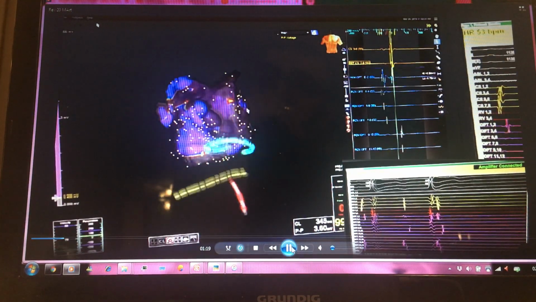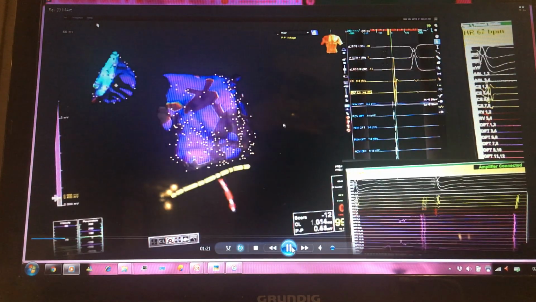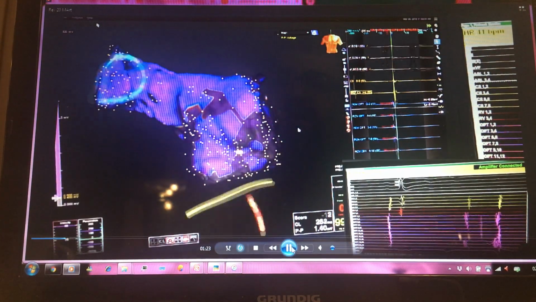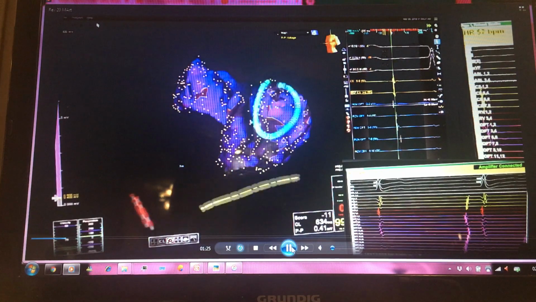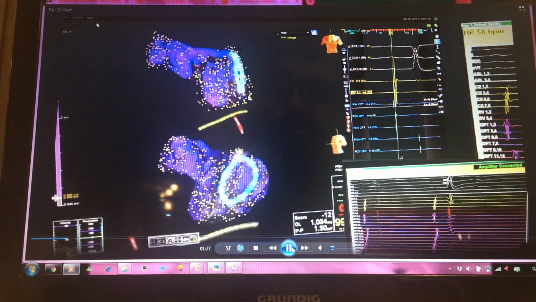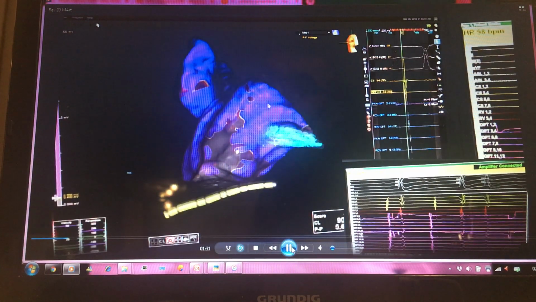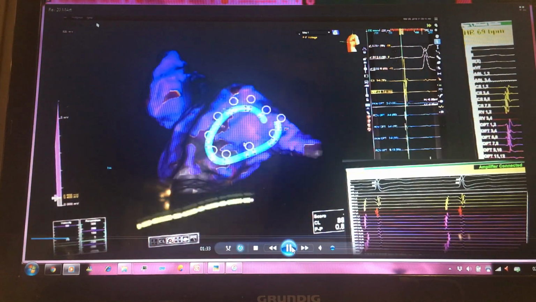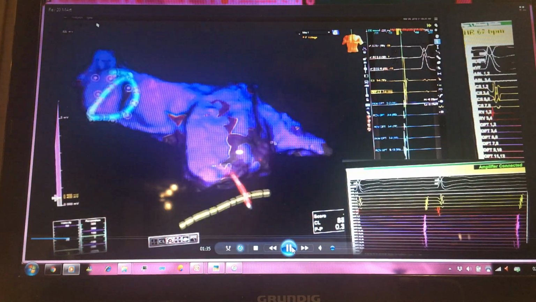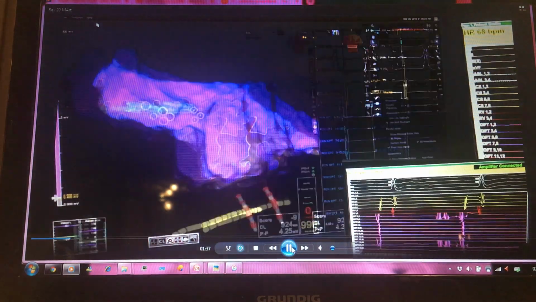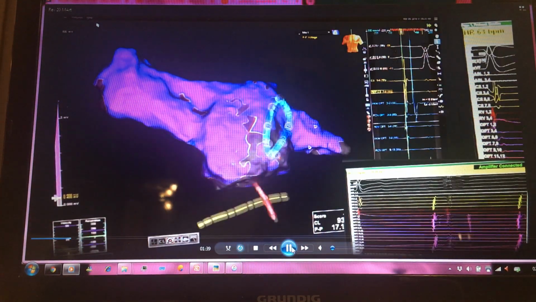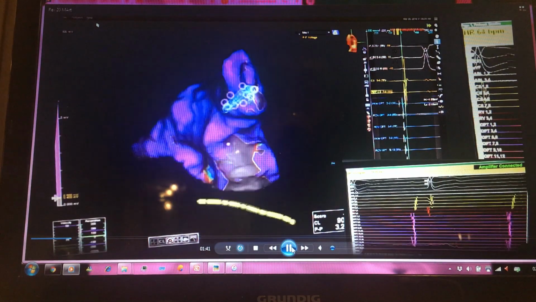Then we usually get voltage and activation mapping of the left atrium by using an Optima catheter. It's the easy way of left atrial mapping. We will just get a quick left atrial mapping with this method.